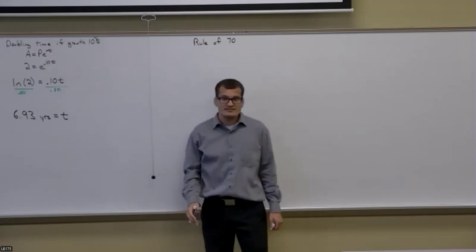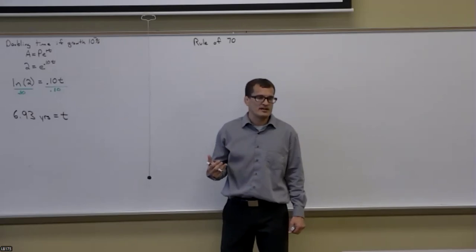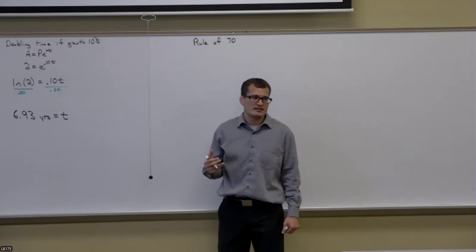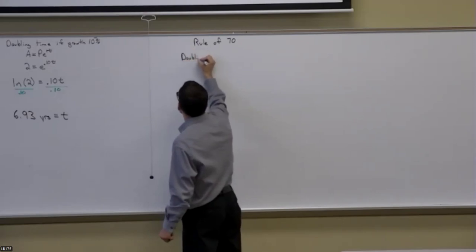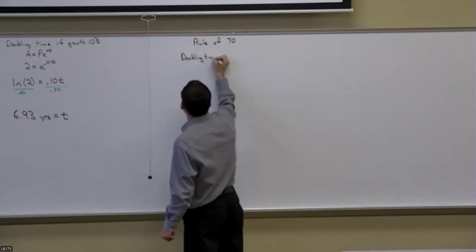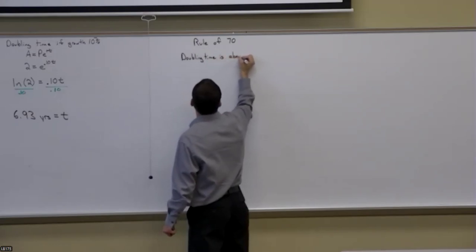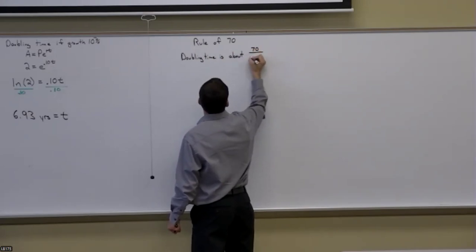That says the doubling time of an investment is approximately 70 divided by the rate of growth. Let me rephrase that, the percentage of growth.